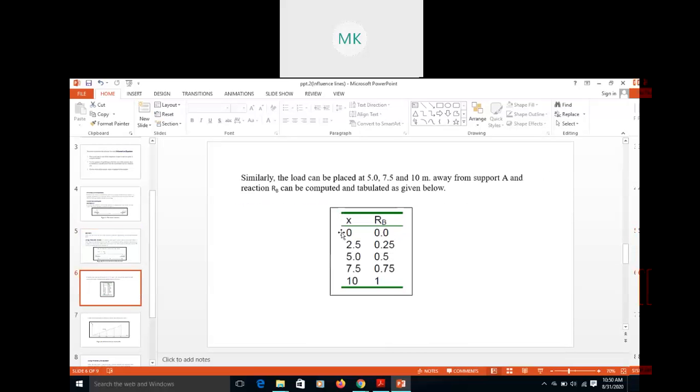This table you can also make with x values 0, 1, 2, 3, up to 10. Here we are taking a 2.5 interval, but you can also take a 1 meter or 2 meter interval. Just keep the interval the same so that your drawing looks good.